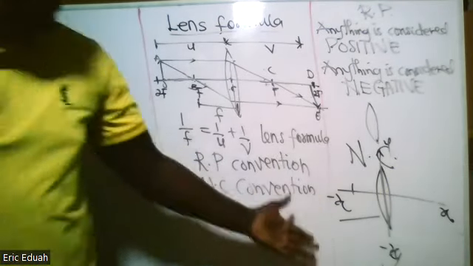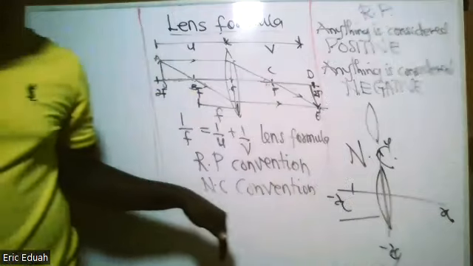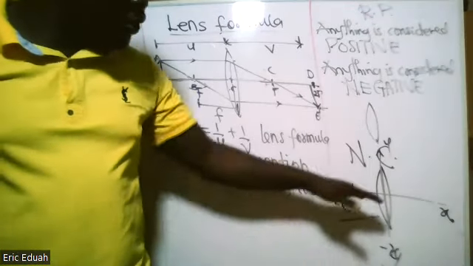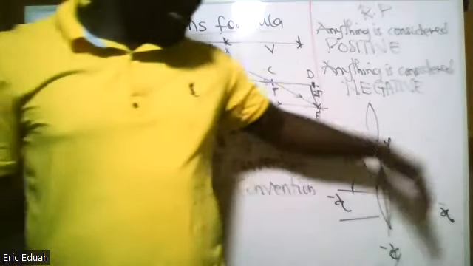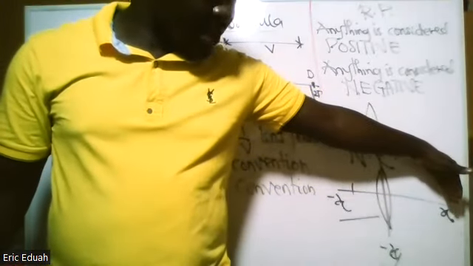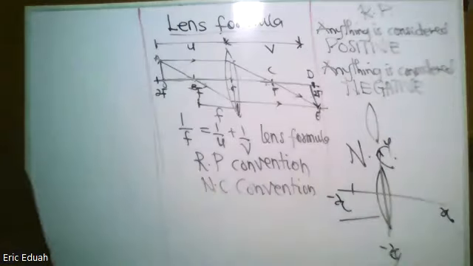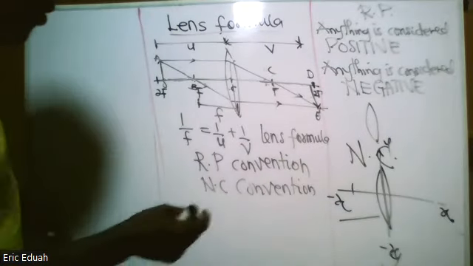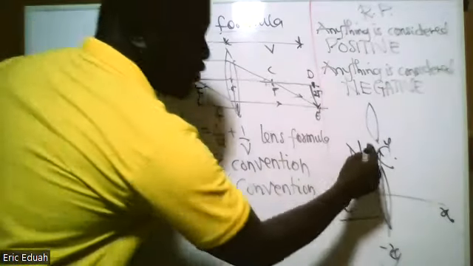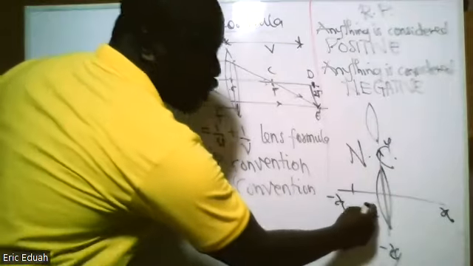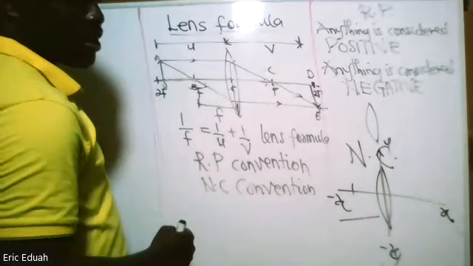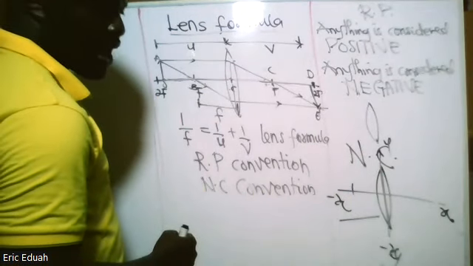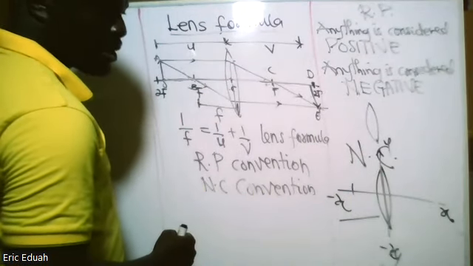So under the NC, anything in front of the lens falls within the negative x-axis. So negative. Anything behind is positive. Now, for convex lens, U would be negative, F would also be what?